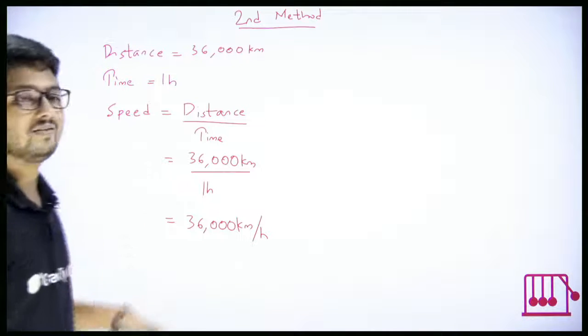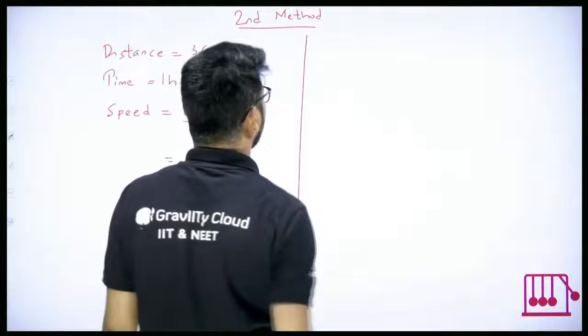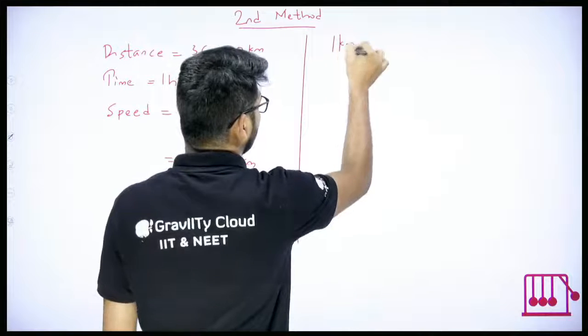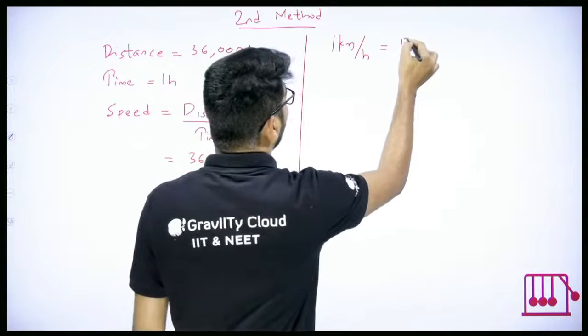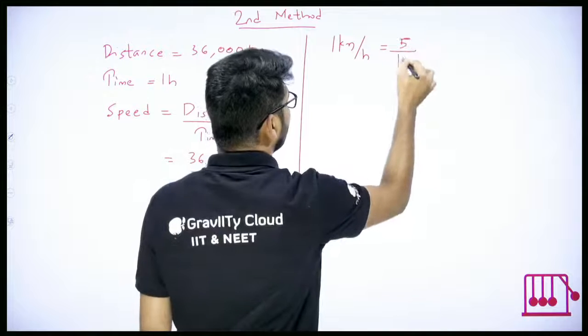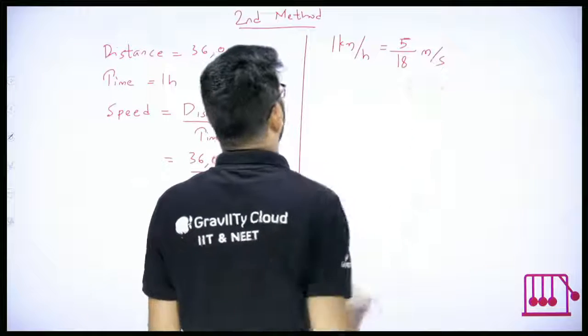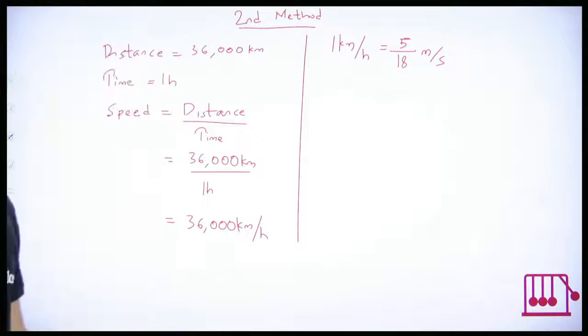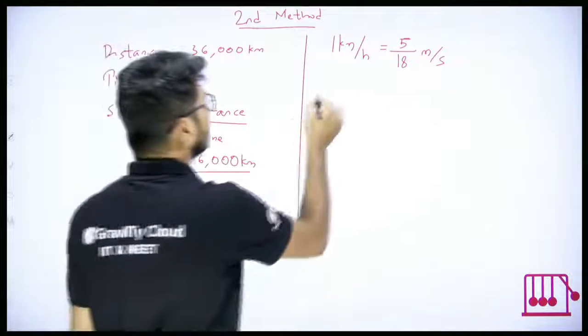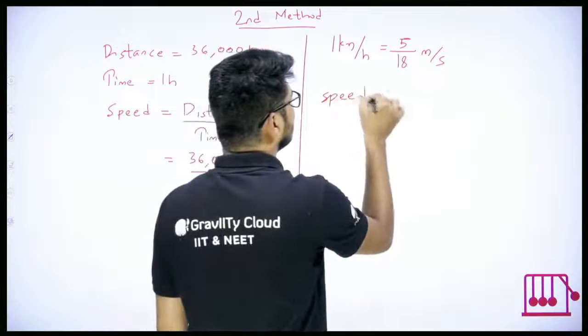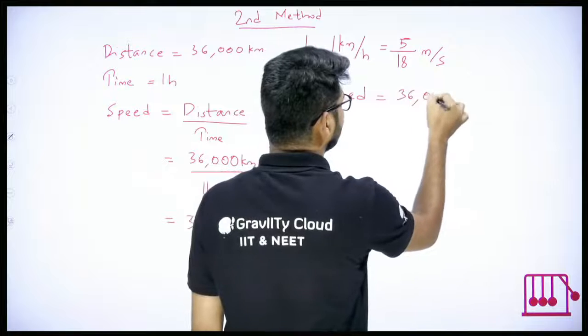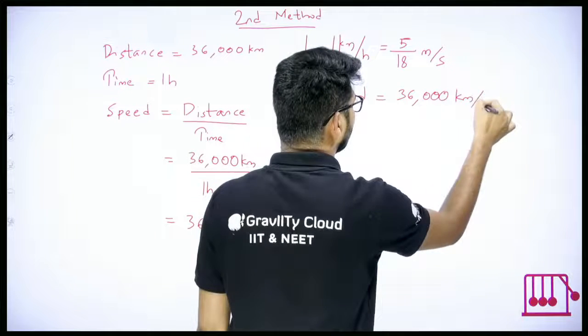Now, what we will do is I'll convert this kilometer per hour into meter per second. How? We know that 1 kilometer per hour is equal to 5 by 18 meter per second. If I use that, speed is how much? 36,000 kilometer per hour.